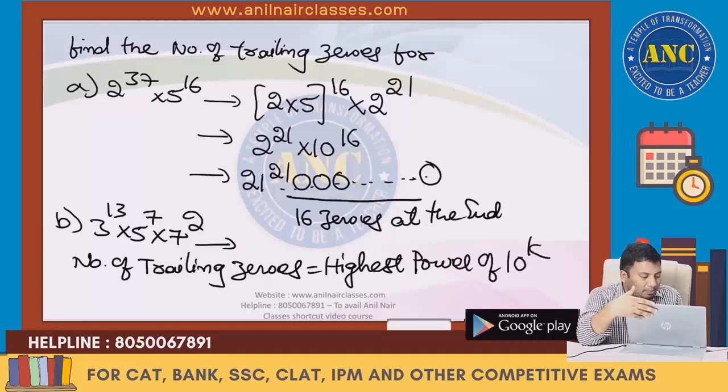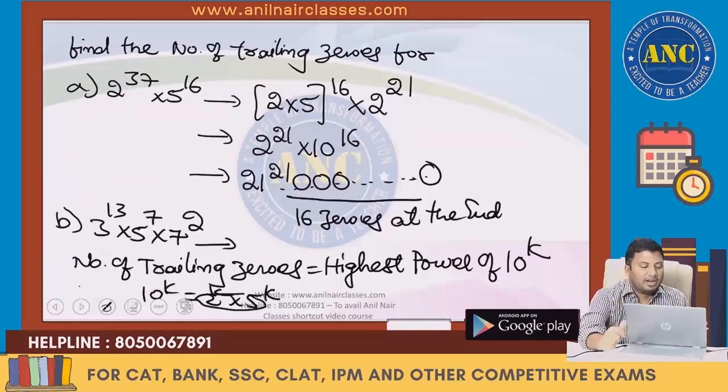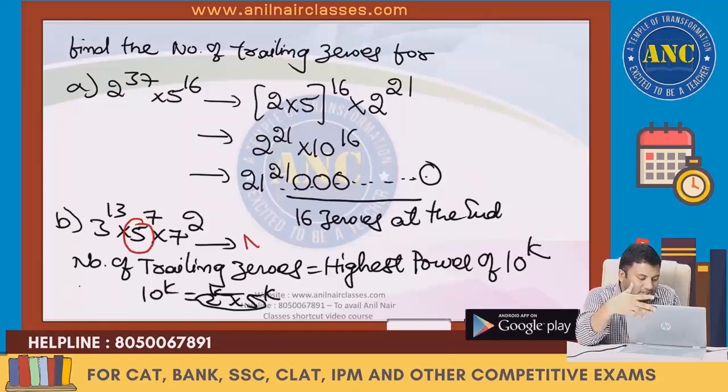To get 10 power k, we should get 2 power k and 5 power k. There should be a combination of 2 and 5. Only 5 is there, so there are no trailing zeros.